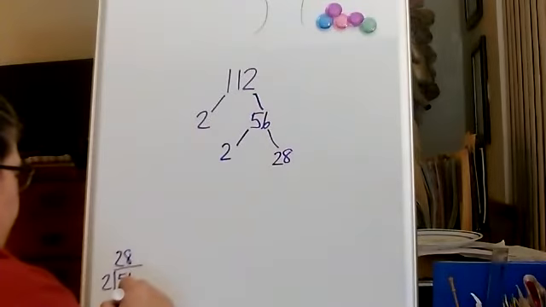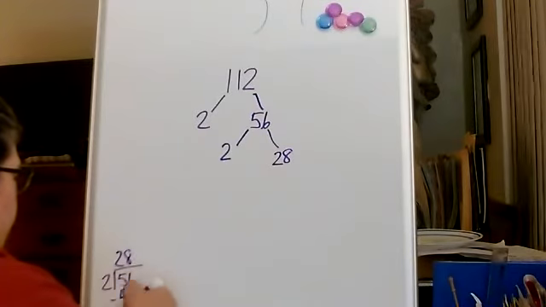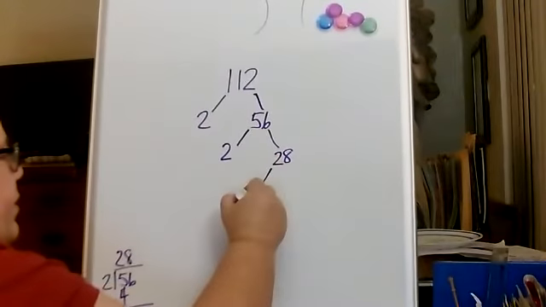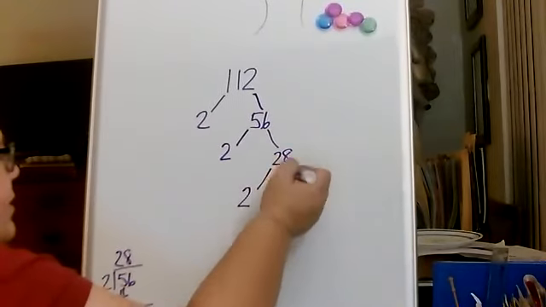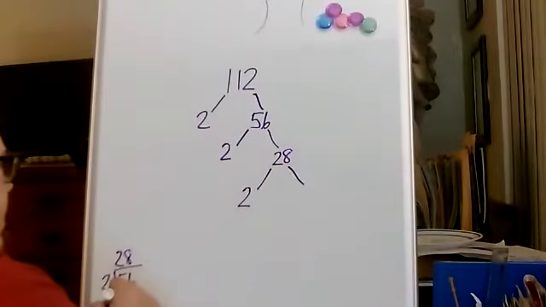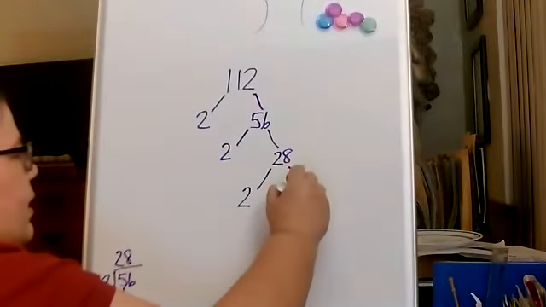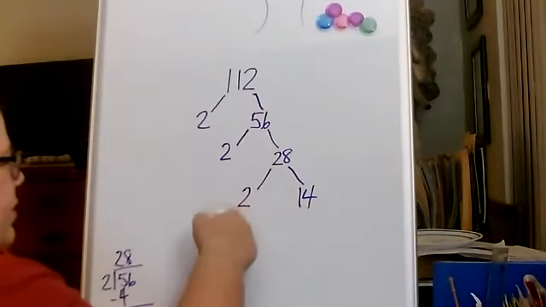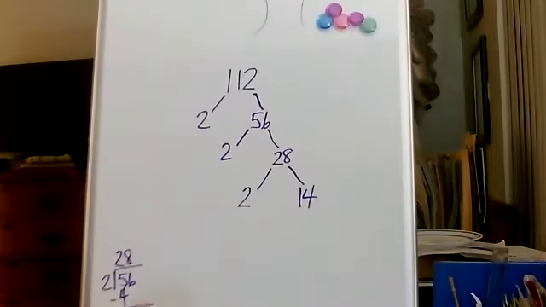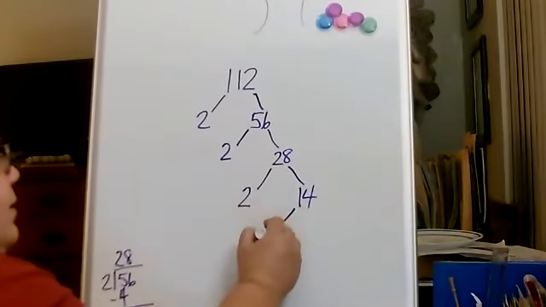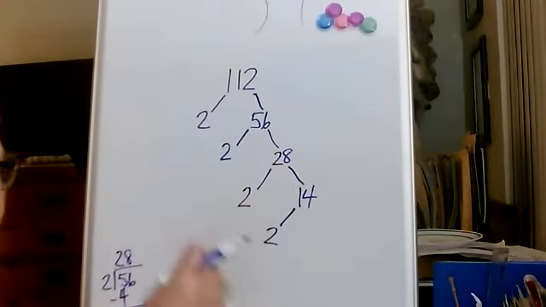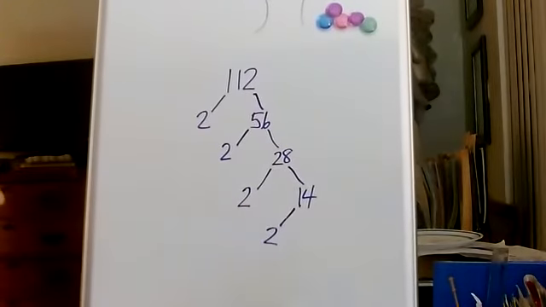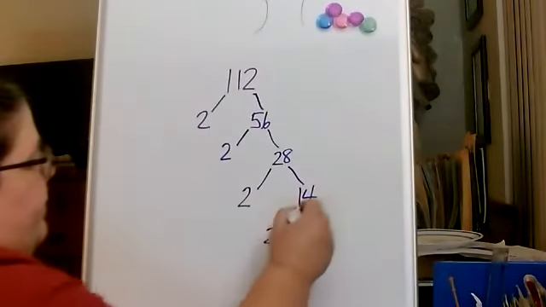From here, I think I can do it on my own. Okay, still even, so we're going to use another 2. And then this is going to be 14. I can see it real quick because the 2 goes into 2 one time and the 2 goes into 8 4 times. Still even, so we're going to put another 2. And 2 times what equals 14? That's right, 7.